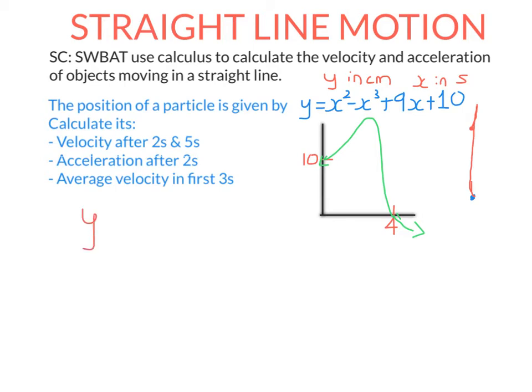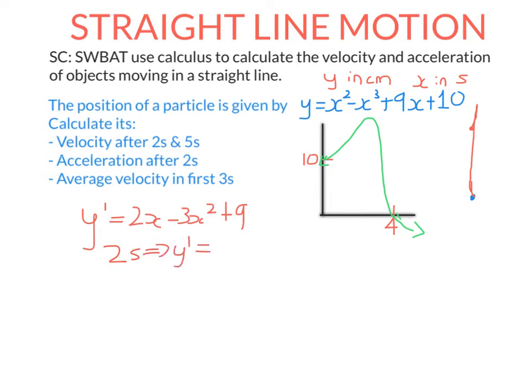So we have y dash is equal to 2x minus 3x squared plus 9. This is the velocity function. If I substitute a value of x into this, it will tell me the velocity of the particle. If I substitute in x equals 2, because I said x is in seconds, then I would get y dash is equal to 1.